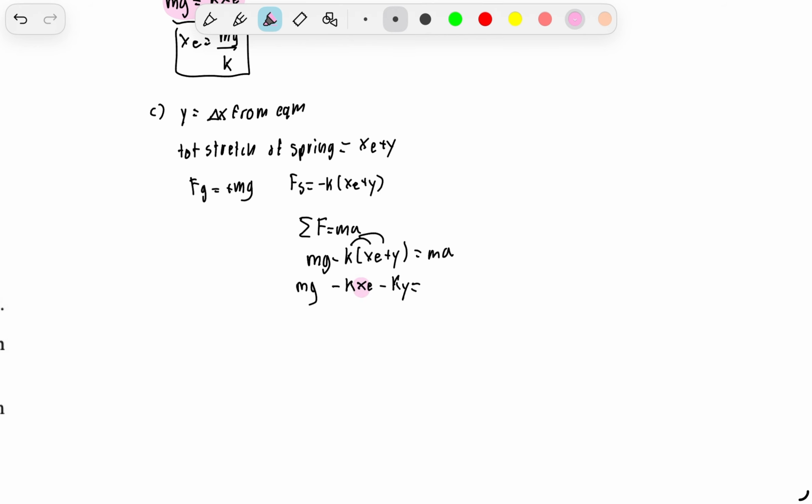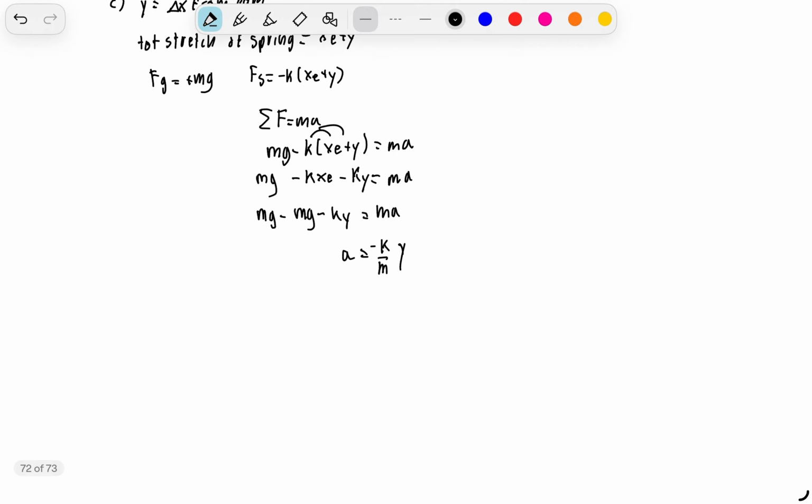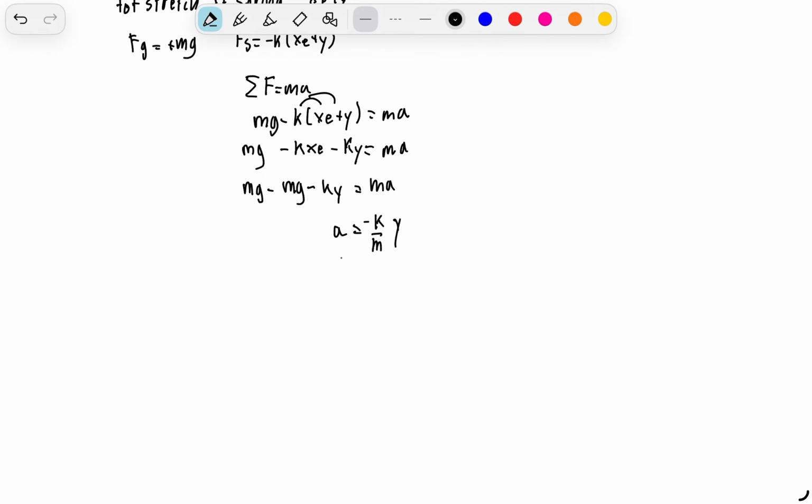So then you can write mg minus k xe minus ky is equal to ma, which simplifies to minus ky equals ma. So a is equal to negative k over m times y.